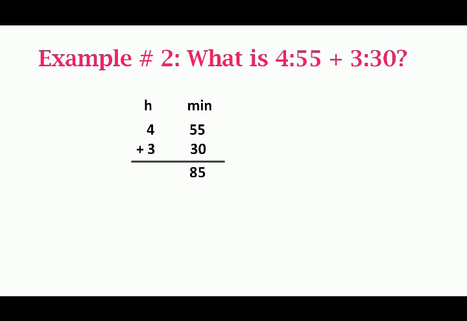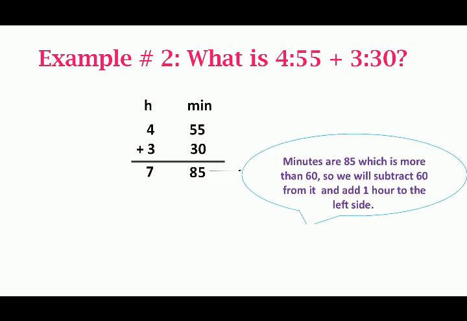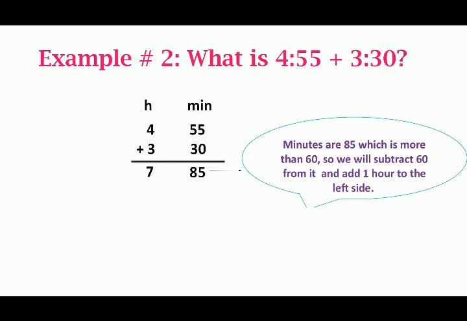And students, we have already learned this in the last class that whenever the minutes are more than 60, you have to first subtract 60 from the minute side. So the minutes here are 85, which is more than 60. So we will subtract 60 from it and add 1 hour to the left hand side. That is because 1 hour is equals to 60 minutes.